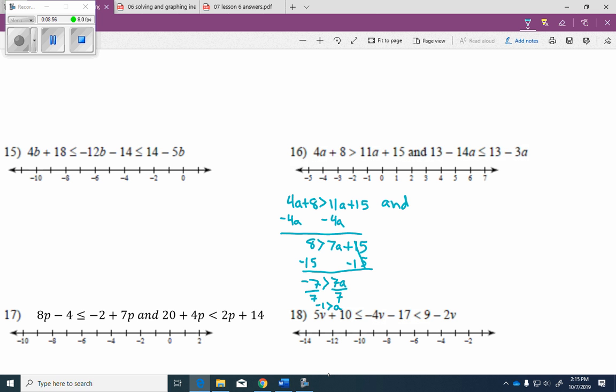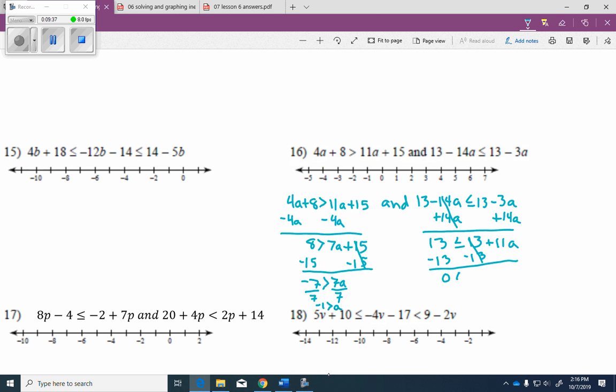And we could either add 14a to both sides or add 3a to both sides. I'm going to choose to add 14a. And then I have to subtract 13.